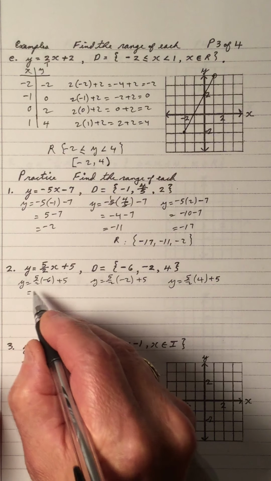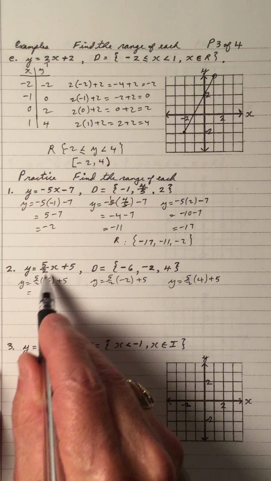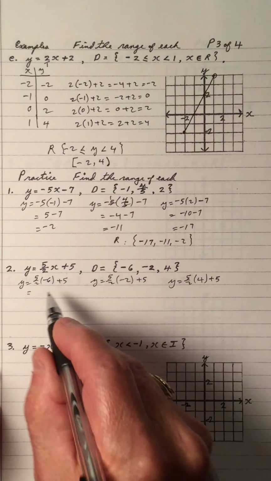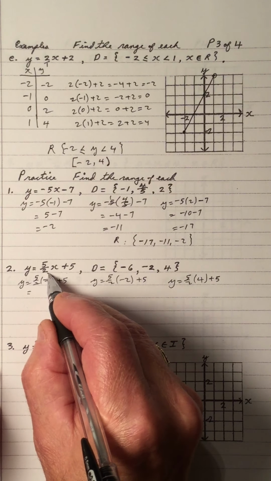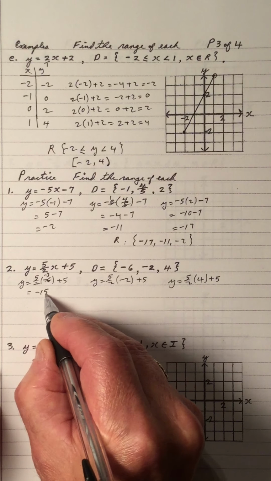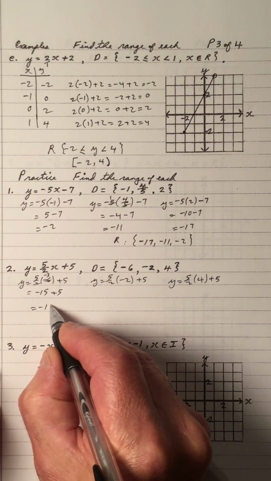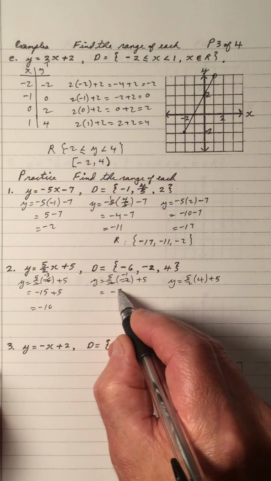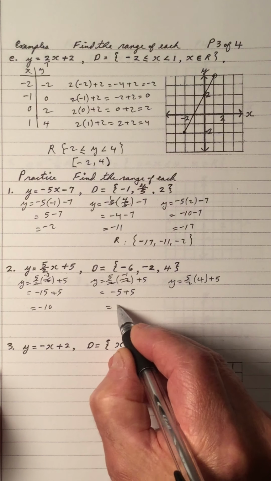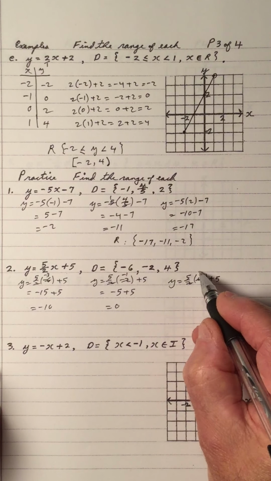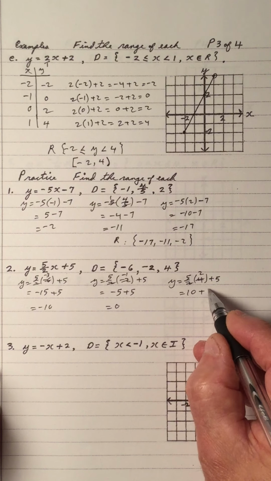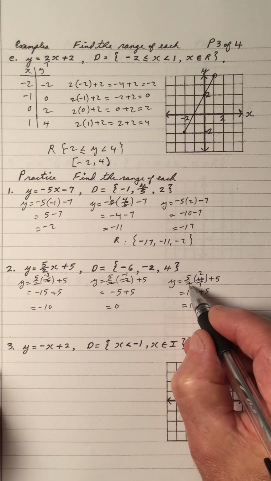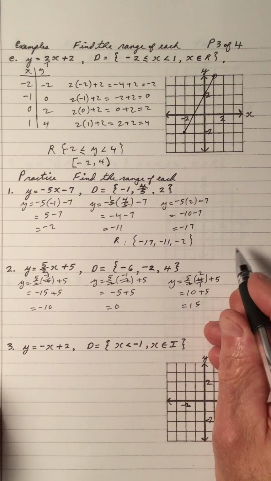And so I subbed in negative 6 for x, I subbed in the negative 2 for x, I subbed in 4 for the x, and I worked them out. 2 into negative 6 goes negative 3, negative 15 plus 5 is negative 10, and 2 into negative 2 goes negative 1, negative 5 plus 5 is 0. 2 into 4 goes 2, so that gives me 10 plus 5 is 15. Notice the 4 is over 1, so you're canceling.